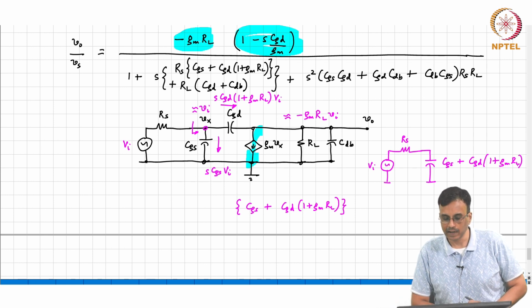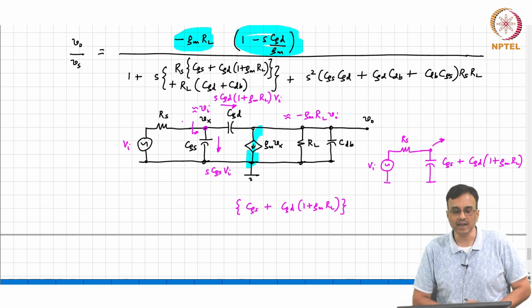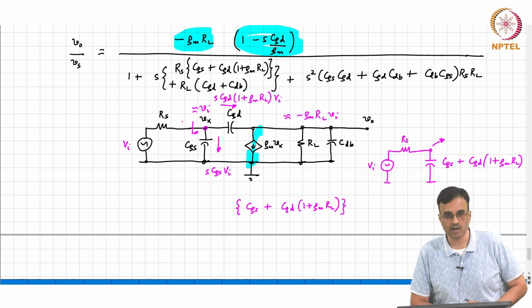So, what comment can you make about the voltage here now? That voltage, Vi, was a zeroth order approximation.